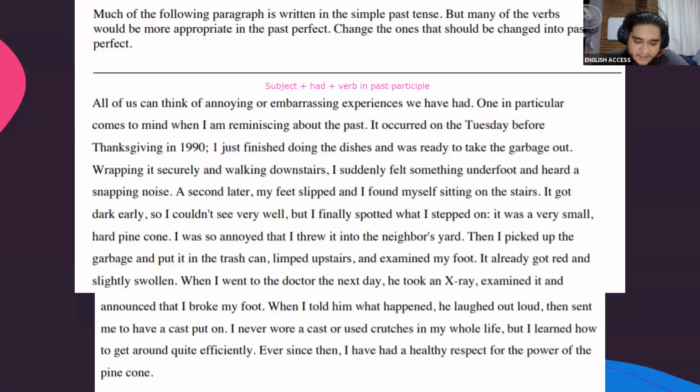Gina, can you continue, please? Walking quietly downstairs, I suddenly felt something underfoot and heard a squeak. Is that correct in past?